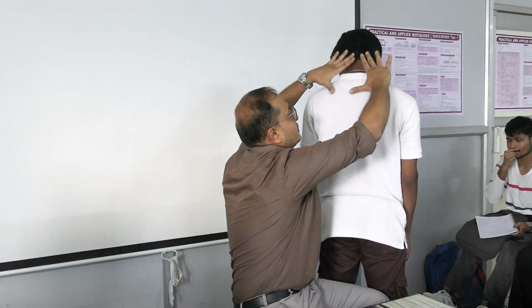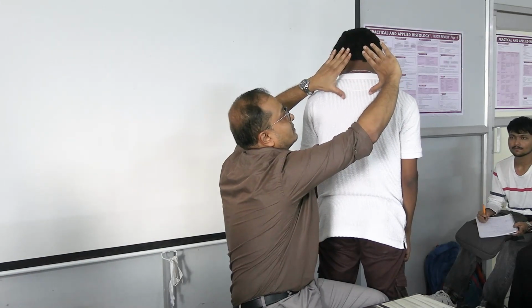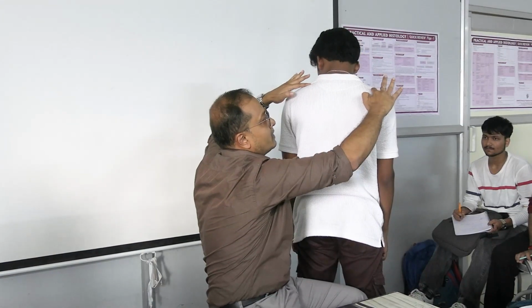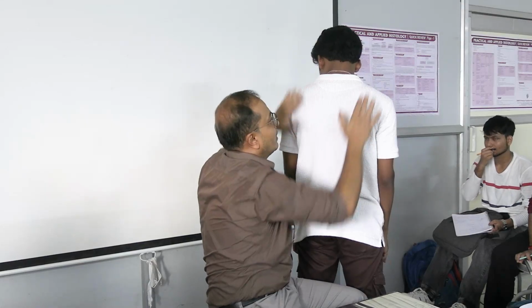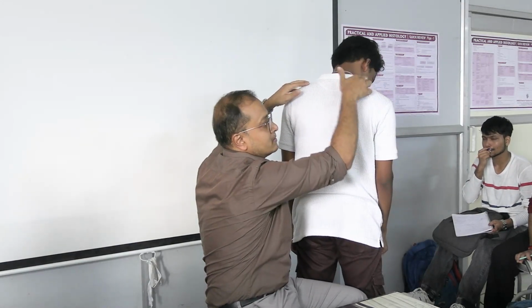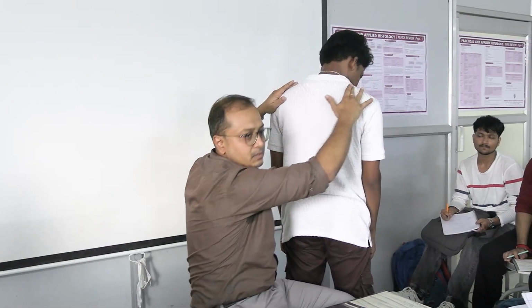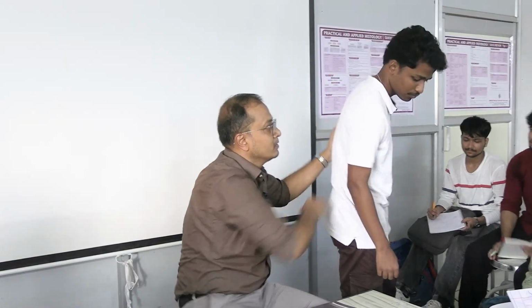So above and below the spine, the superior and inferior surfaces: trapezius, deltoid.